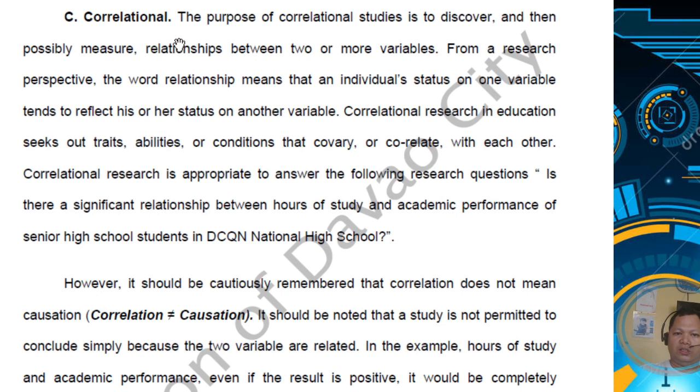So in correlational research design, the researcher will use the tool, and I think you're familiar with Pearson r. I think your teacher discussed that already in your class in statistics and probability. So we'll test the relationship of the two variables, for example the number of hours studying and the academic performance.